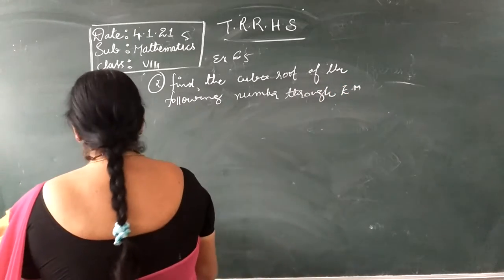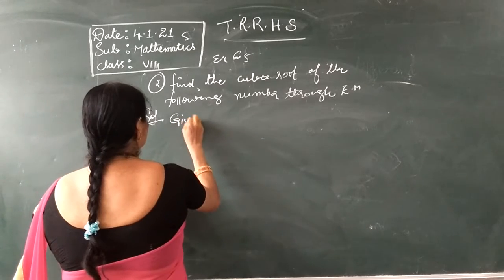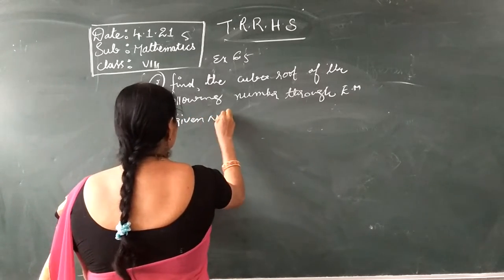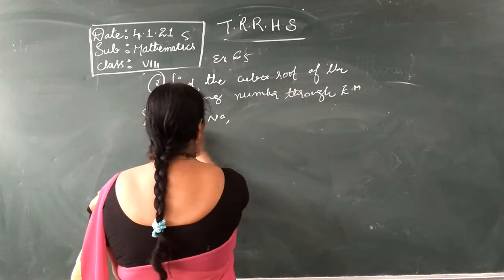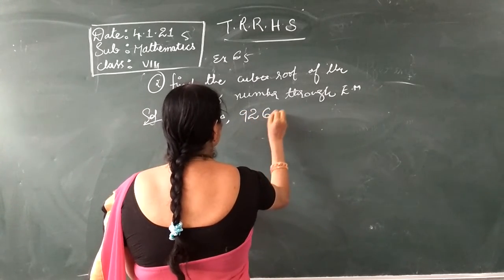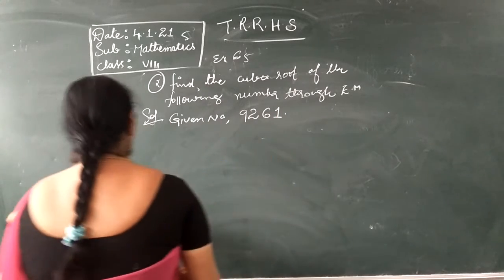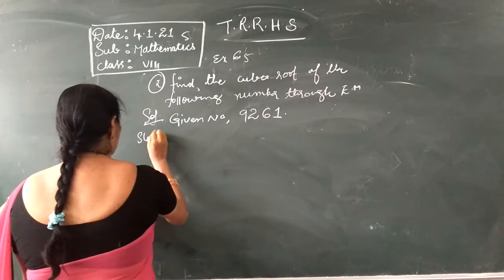So what is the number? The given number is 9261. So what is the first step here?